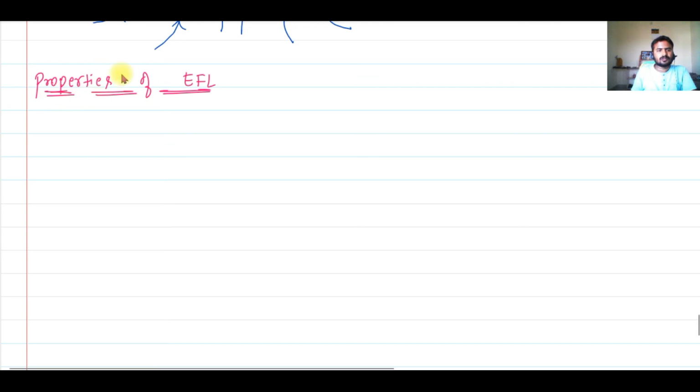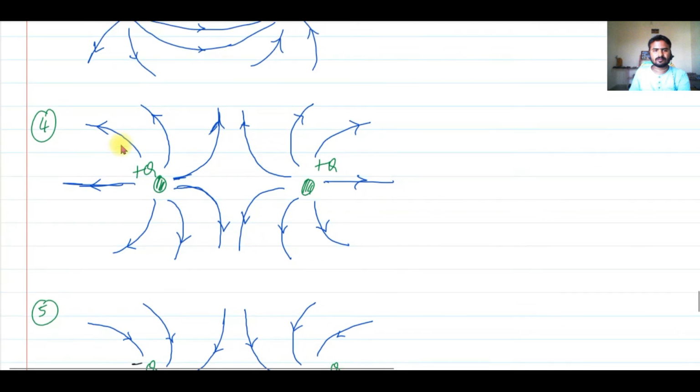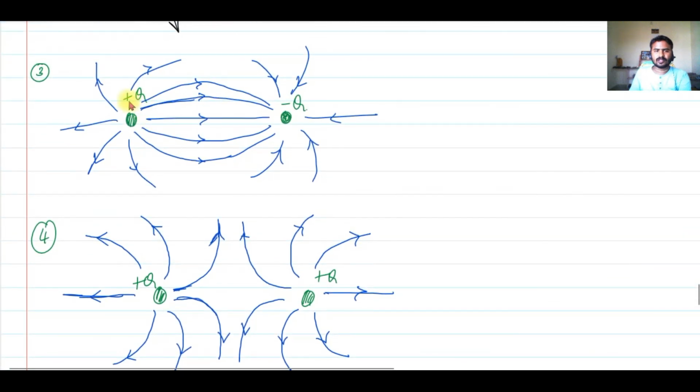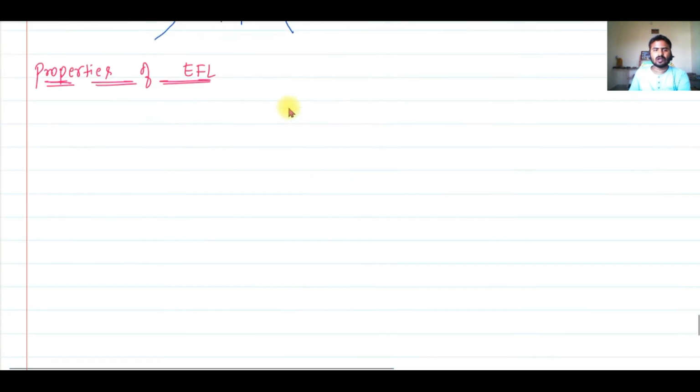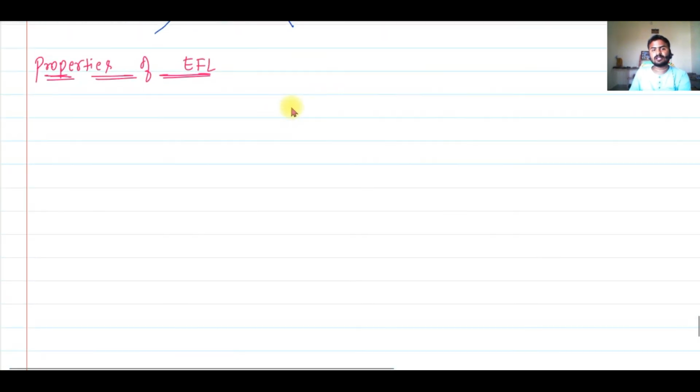Now you might have observed a few things. If you take a system of a positive charge and a negative charge, you can see the electrical field line starts from the positive charge and terminates at the negative charge. Or you can also say that electrical field lines are radially outwards due to a positive charge and radially inwards due to a negative charge, which means the electrical field line starts from the positive charge and terminates at the negative charge.